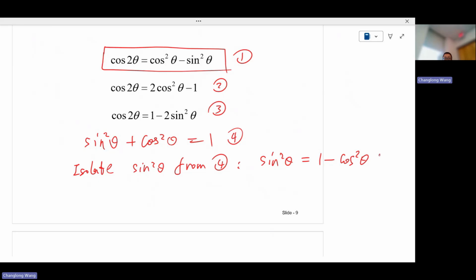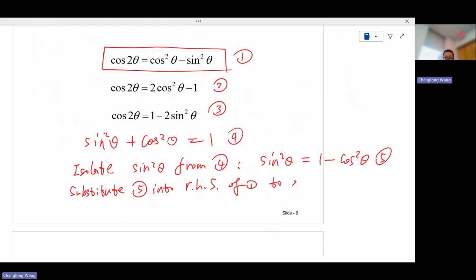So if I call that equation number 5, now I want to substitute 5 into the right hand side of 1 to eliminate sine square.